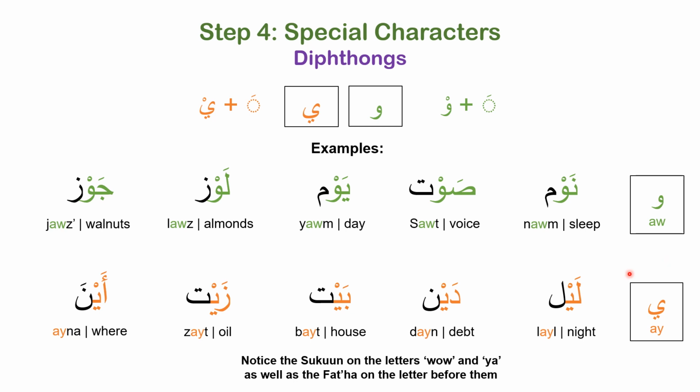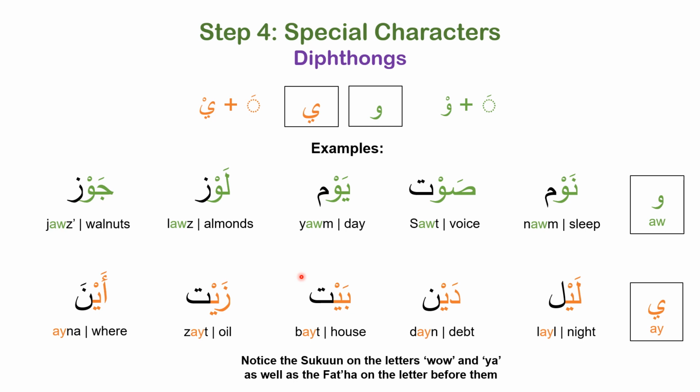Again, you will notice in these word examples, there is a ya, but here it's not being used as a long vowel. We are not saying leel, we are saying layl. We're not saying deen, we are saying dayn, and so on and so forth. So notice the sukun on the letters waw and ya, as well as the fatha on the letter before them, and that is how you can identify that the word or that part of the word is a diphthong.